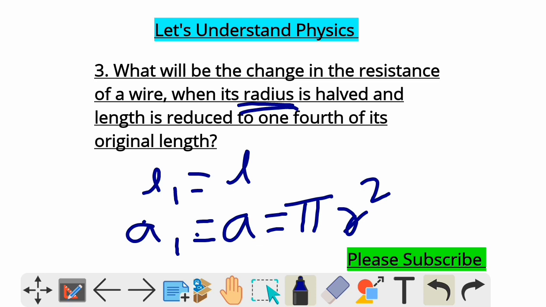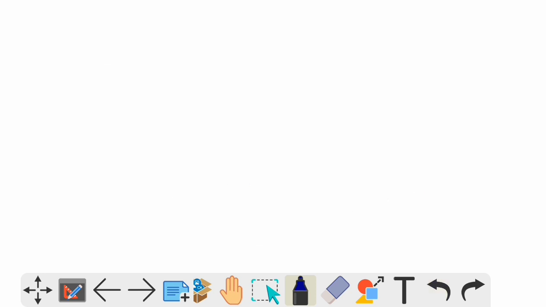Sometimes you may have a square area of cross section also. In that case you have to take a square. Understood? Depending upon the shape they have given. So here it is a circle, that's why I have taken pi r square. Rho will be rho only for both the cases. Now this is the first case. Now let's write for the second case.